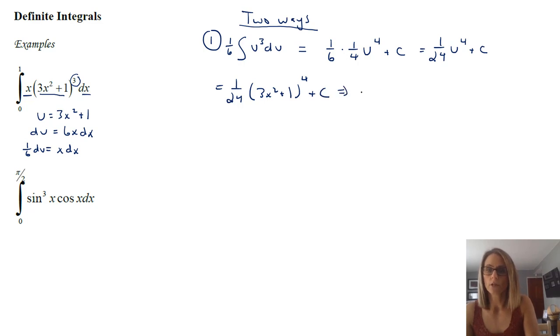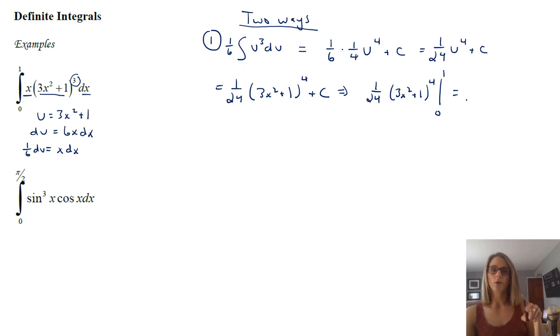But what we're trying to do here is take 1/24, 3x squared plus 1 to the 4th, and we want to evaluate that from 0 to 1. I mean, that's the whole point of this. So now that we have our antiderivative in terms of x, now I can evaluate that from 0 to 1.